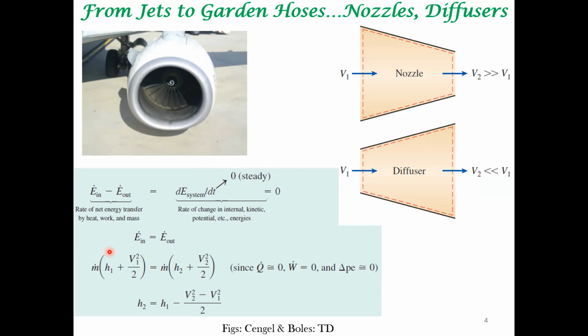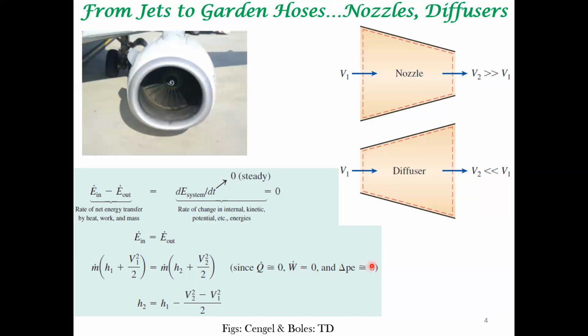The energy of the incoming flowing system is the same as the energy of the outgoing flowing system. So in this case, for example, there is no heat transfer from the system, and there is also no work transfer from the system, and the potential energy can be approximately considered to be zero. So these are not important things.